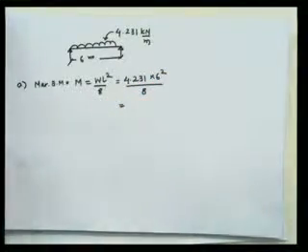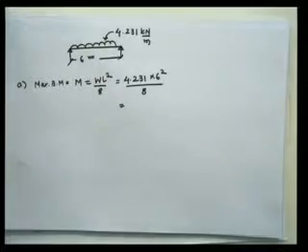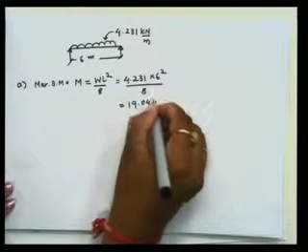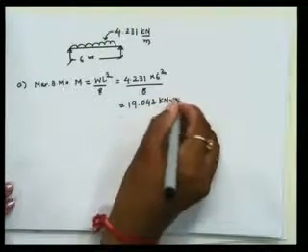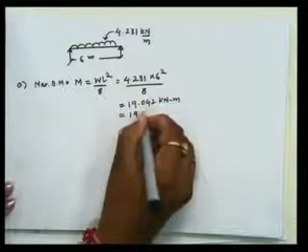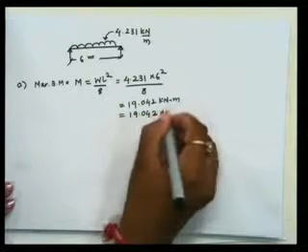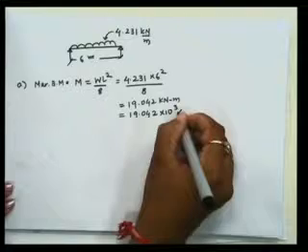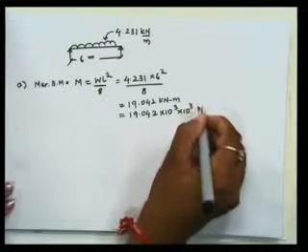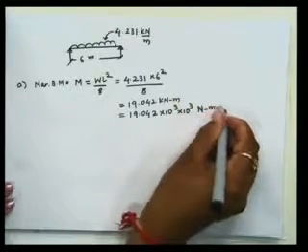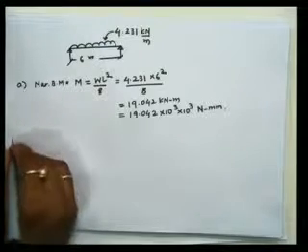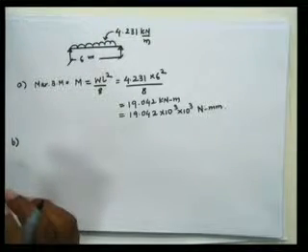So that gives you 19.042 kilonewton meters. That is 19.042 into 10 to the power 3 newtons into 10 to the power 3 mm, newton mm.